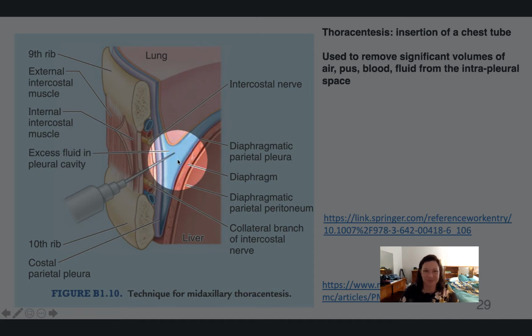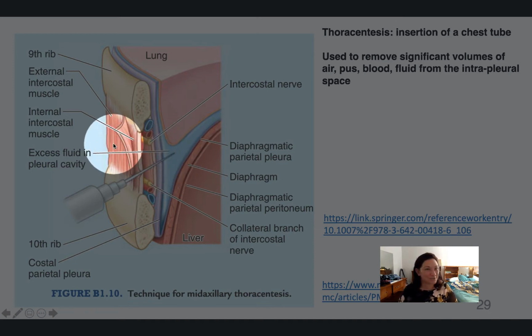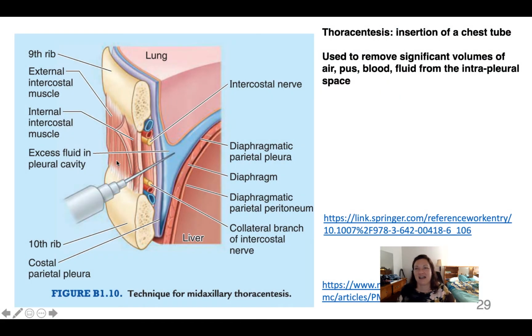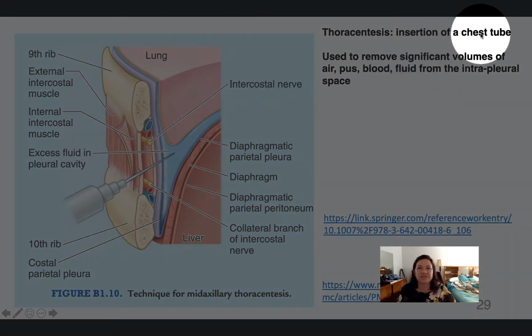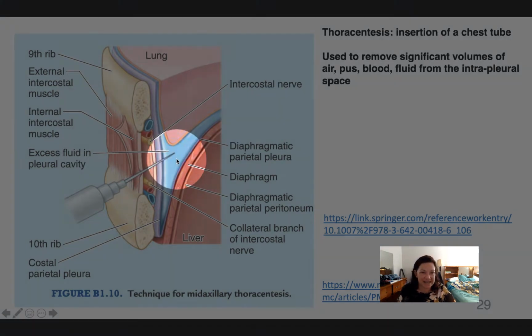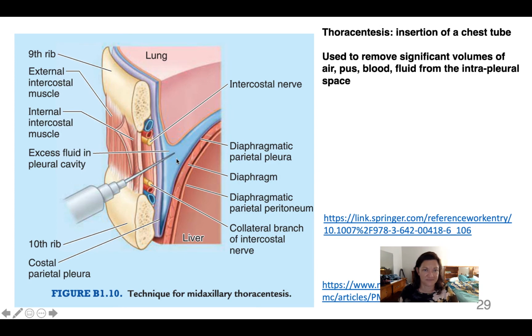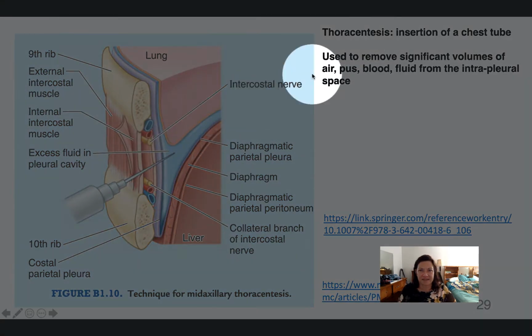And you access the intrapleural space via the intercostal space. The insertion of a chest tube is typically, as in a tube, it's bigger than a needle. A tube is typically to access the inside of the lung. And so in case that is confusing, again, I'd like you to revisit this video.